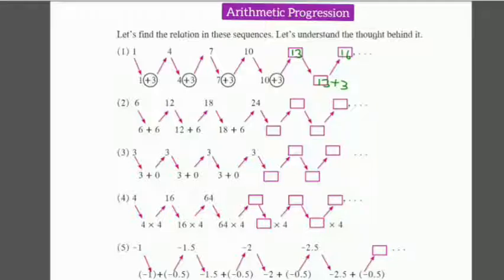Very similar here also. 6 plus 6, that is 12 here. 12 plus 6, 18. 18 plus 6, 24. 24 plus 6, yes, what can you write here now? Yes, 24 plus 6, here we can write 30. Okay, now here 30 plus 6, 36. Okay, and so on we can write that.